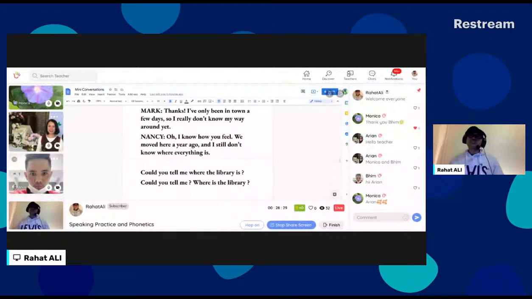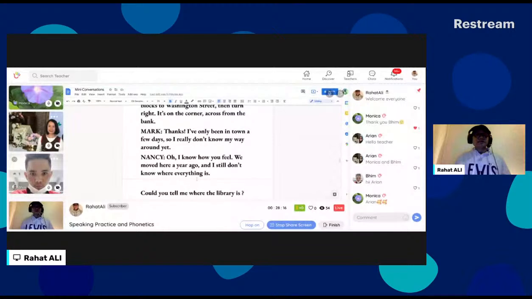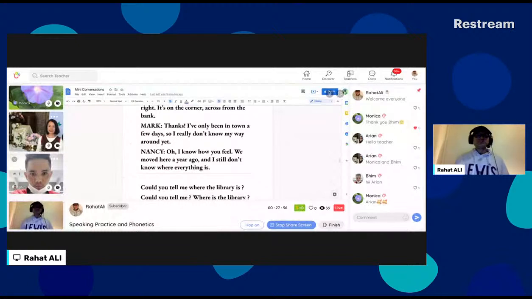It's a rule, and we have to follow it blindly. Okay. So Monica's line was, I've only been in town for a few days, so I really don't know my way around. Mark is expressing that he has moved there recently. He still doesn't know where everything is. Nancy says, oh, I still don't know where everything is. This is just an expression of their own thoughts.